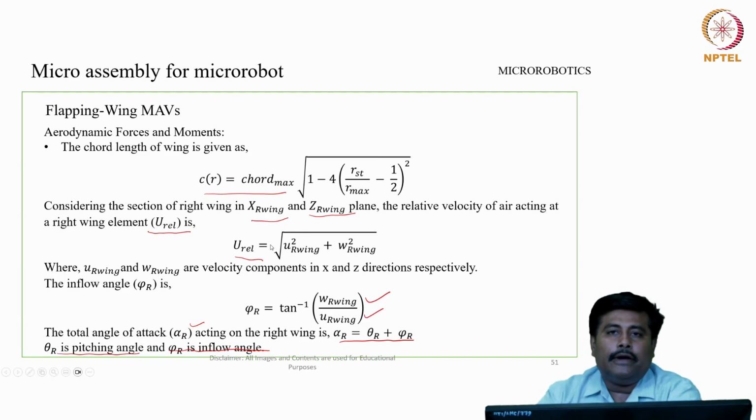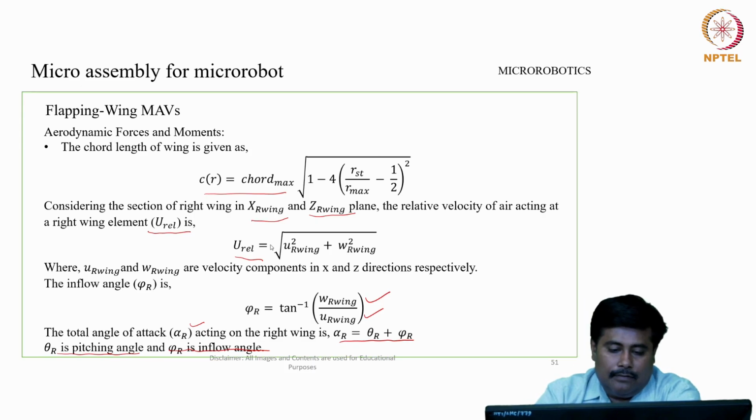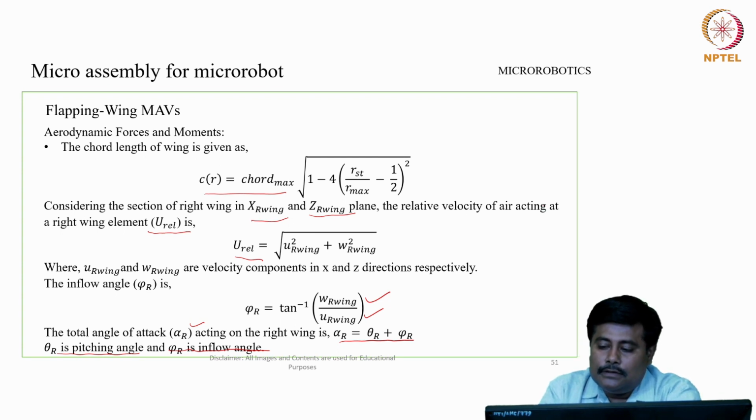Now when we look into the overall aerodynamic forces and moments, the chord length of the wing is given as CR, which is nothing but chord max times the square root of 1 minus 4 times (r by R max minus 1 by 2) the whole squared. Considering the section of the right wing in the XR wing and ZR wing plane, the relative velocity U real acting at the right wing element is the square root of U squared R wing plus W squared R wing.